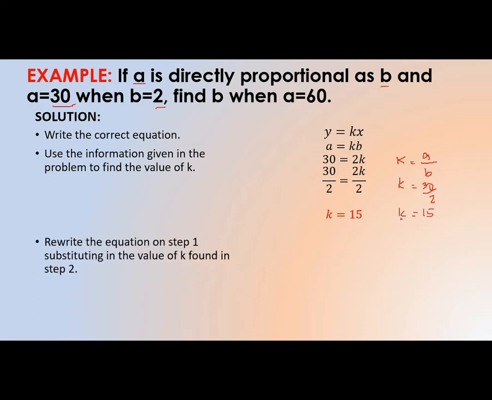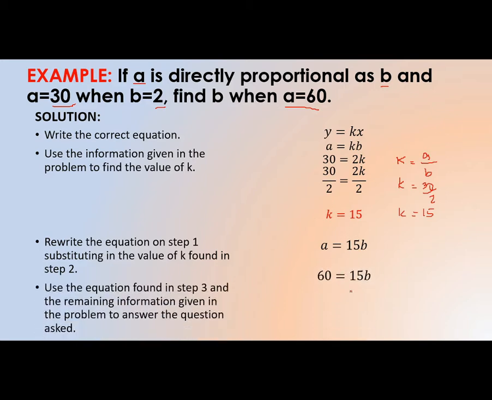After that, we substitute k into the original equation. Then we need to find B when A is 60. We substitute A is 60, then divide both sides by 15. 60 divided by 15, we get B equals 4. So B is equal to 4 when A is equal to 60.